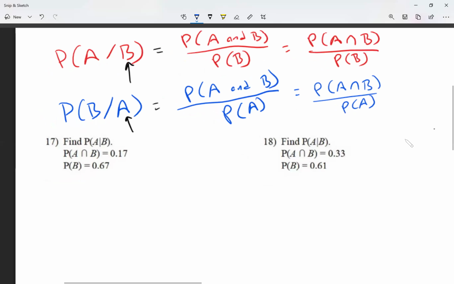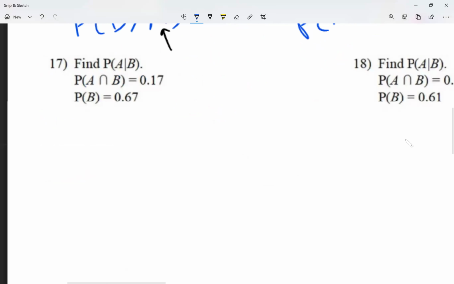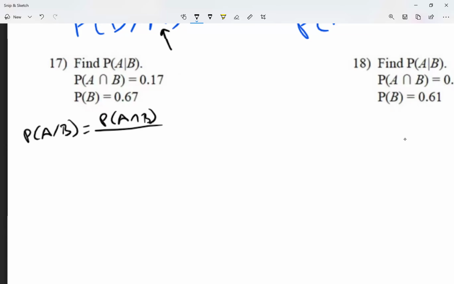So looking at question number 17, what's the probability of A given B? I remember my formula. Probability of A given B is probability of A and B divided by probability of B. So according to my numbers here, 0.17 divided by 0.67.